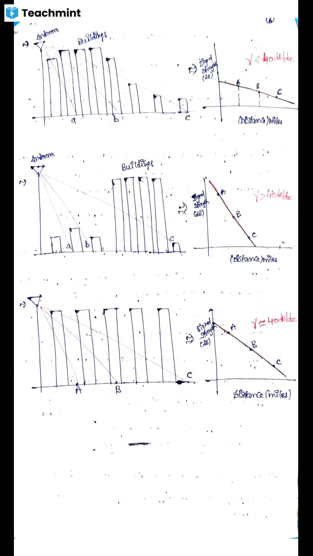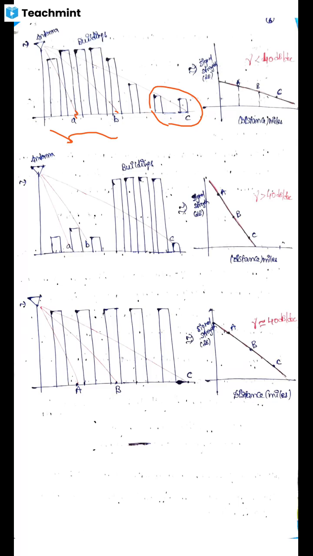See these three areas. In the first area, you can observe that near the antenna there are more buildings, and far away from the antenna the heights of the buildings are low, similar to an open area. You can take points A and B as mobile unit points.